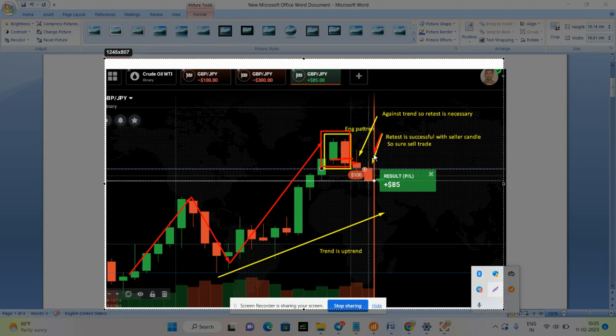Here we went with the sellers and we succeeded. Okay, let us now again summarize the points. Since the trend is uptrend and the engulfing pattern is against the trend, retest was necessary. And here the retest is successful, so our trade is also successful.